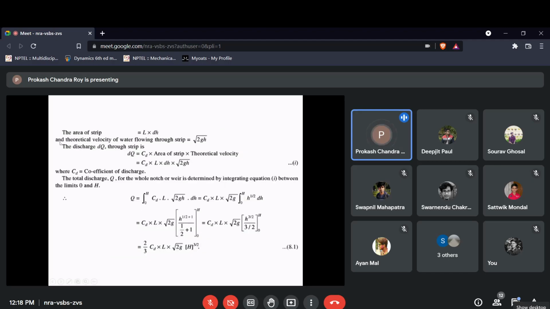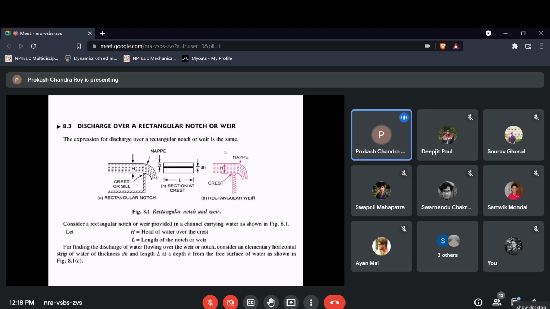Then what will be the velocity through the strip? Consider a small opening through this strip.